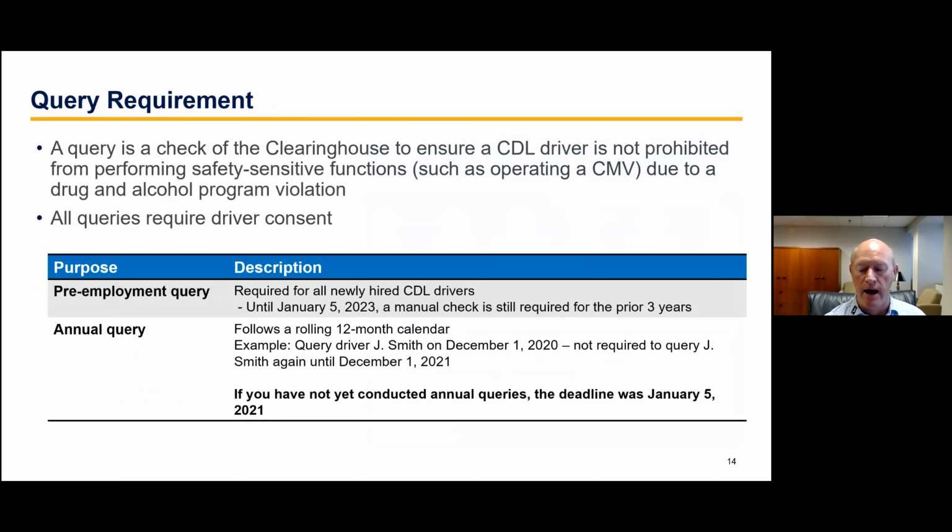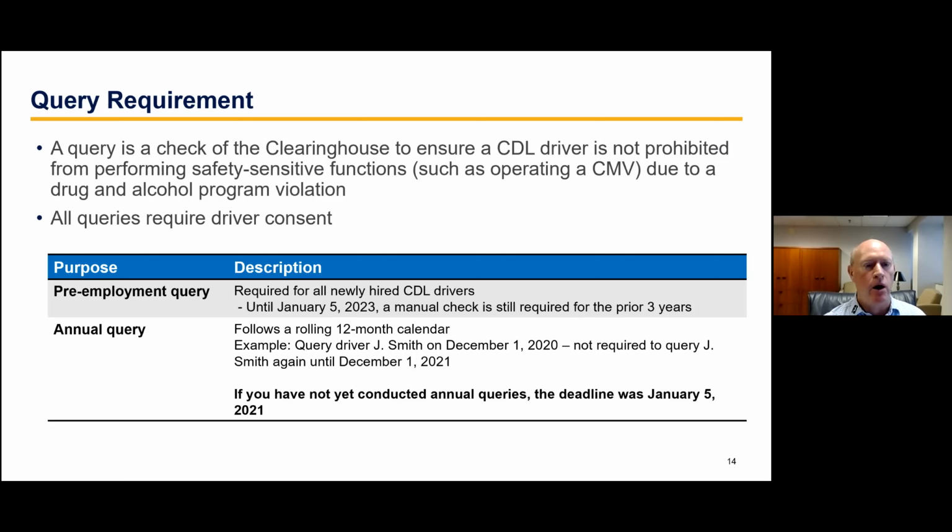And remember last week, I talked about how we say safety sensitive functions because there are other duties that a CDL driver might do other than operating a CMV that are considered safety sensitive. So for instance, they might also do mechanical work on that CMV.